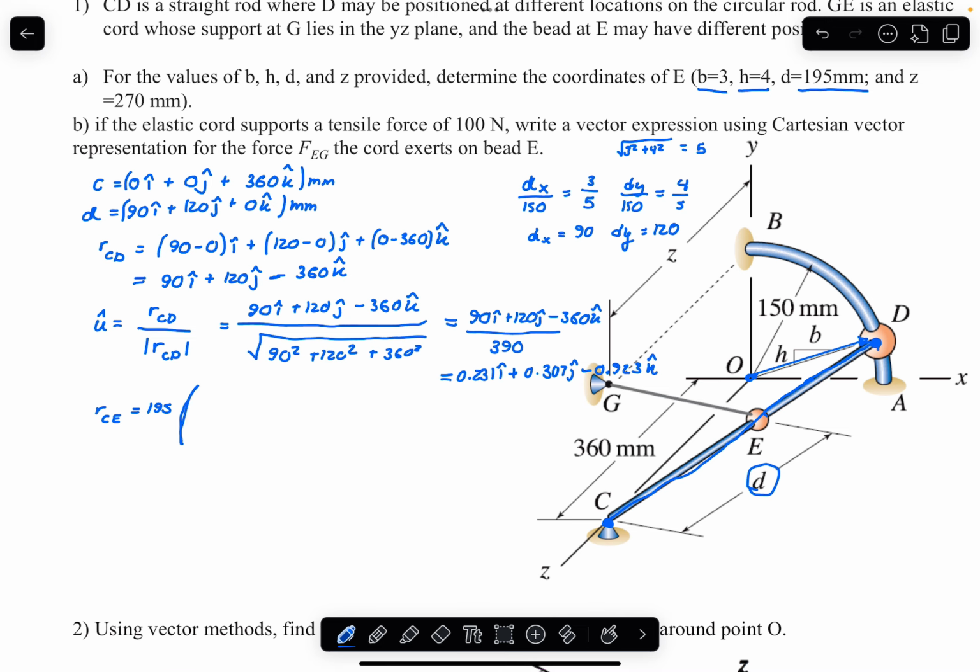So we're going to do that times 0.231 I hat plus 0.307 j hat minus 0.923 k hat. Multiply everything through. 195 times 0.231.